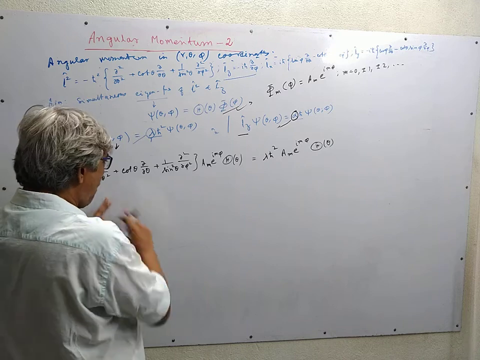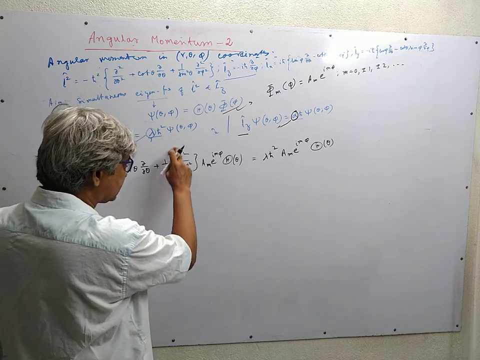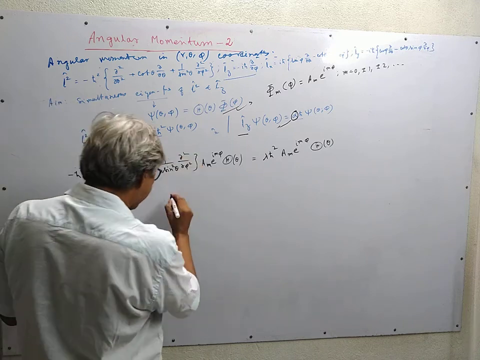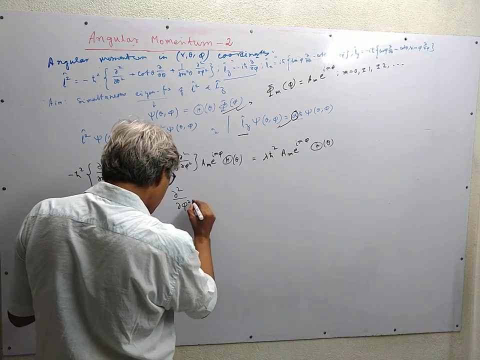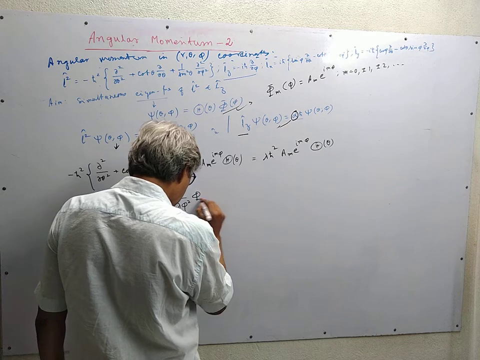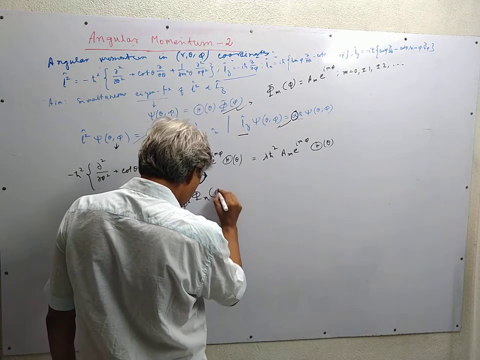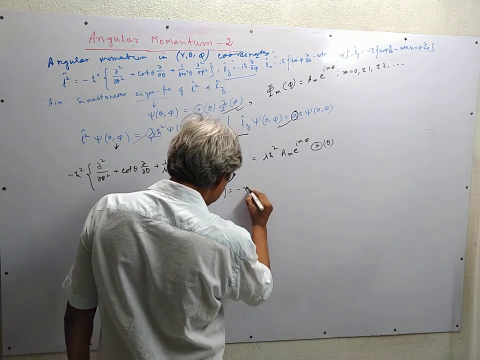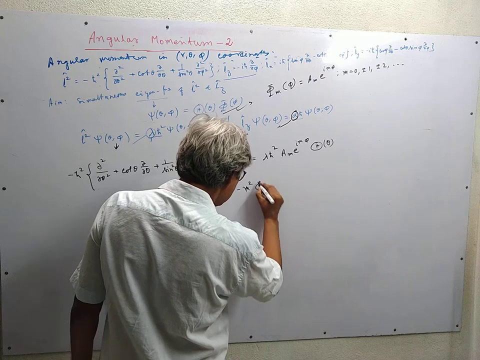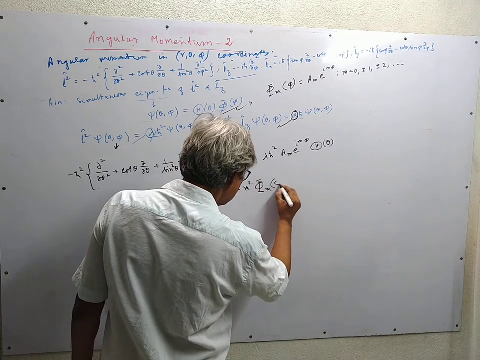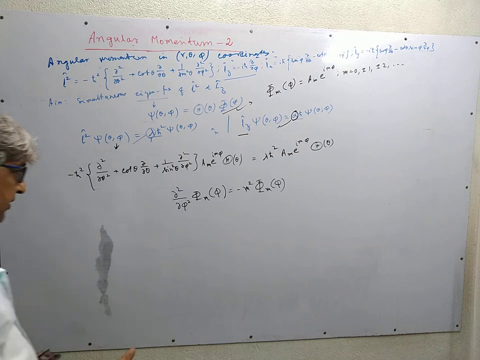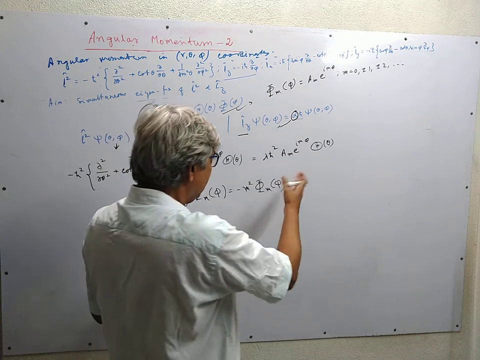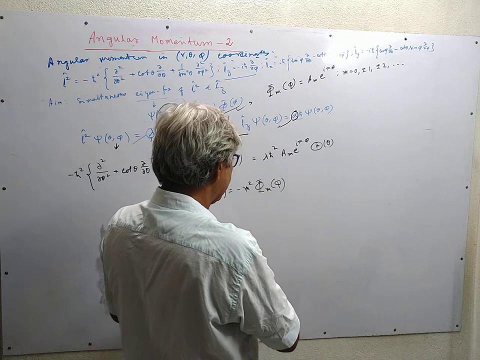Here you see that only the phi dependent part is this, and when it operates, for a non-trivial solution you can cancel phi on both sides.